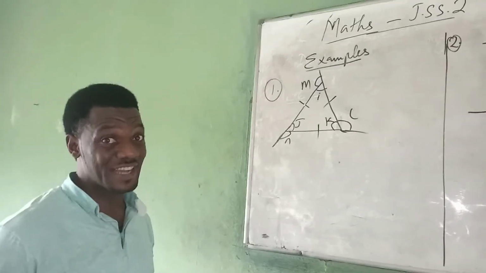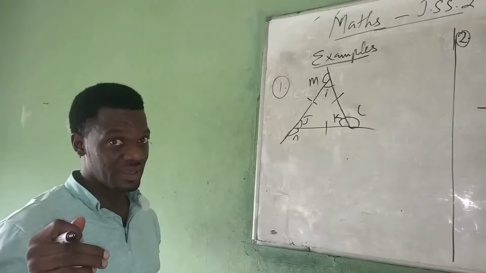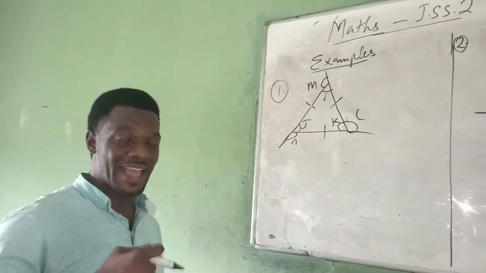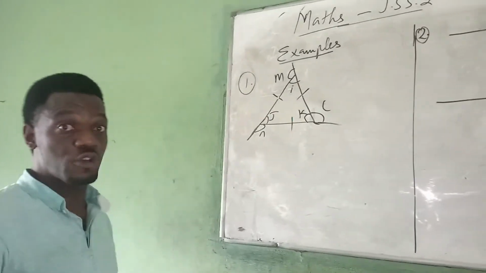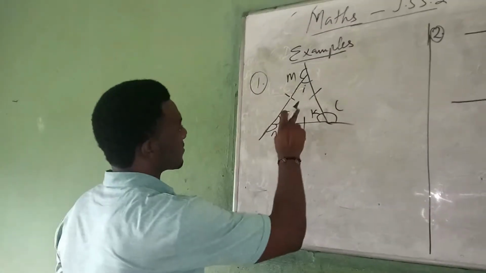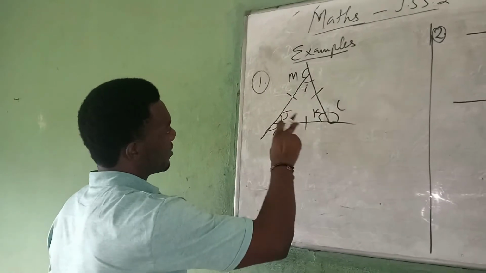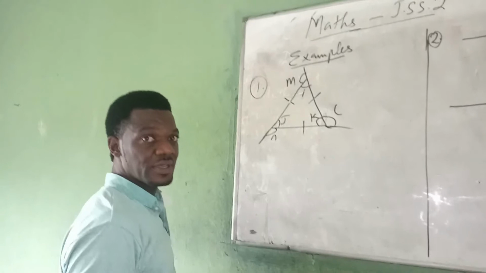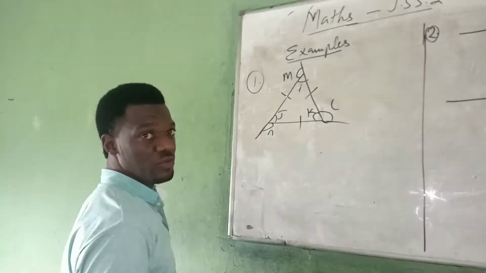So if it's an equilateral triangle, remember the rule that says each angle in an equilateral triangle is equal to 60 degrees. It means that the angles inside the equilateral triangle, each of the angles there is equal to 60 degrees.